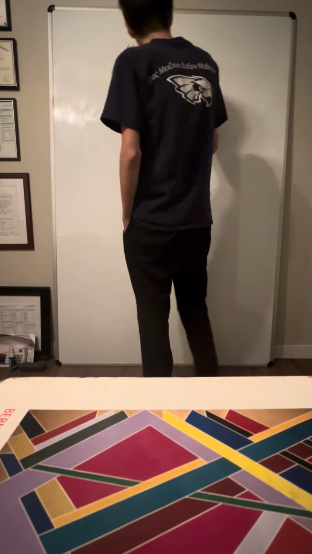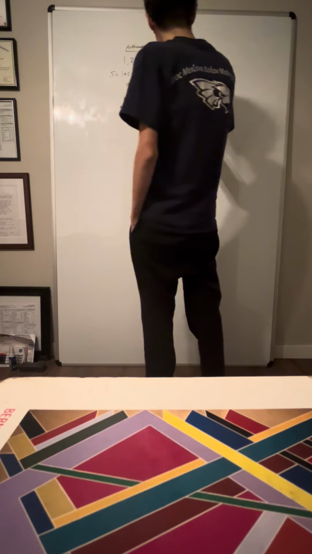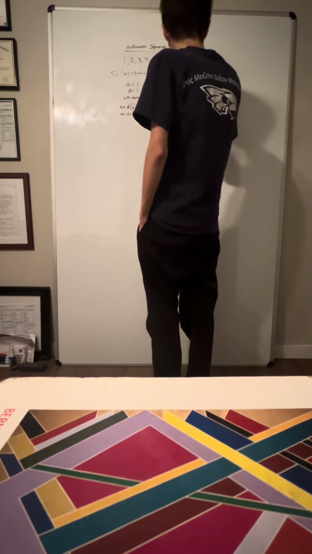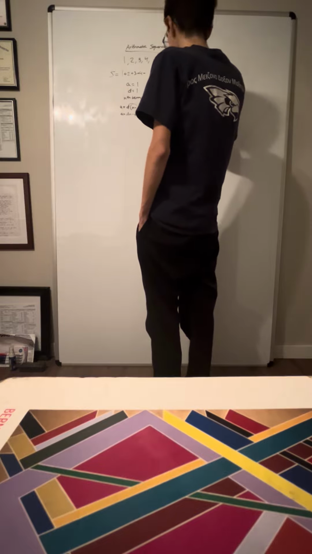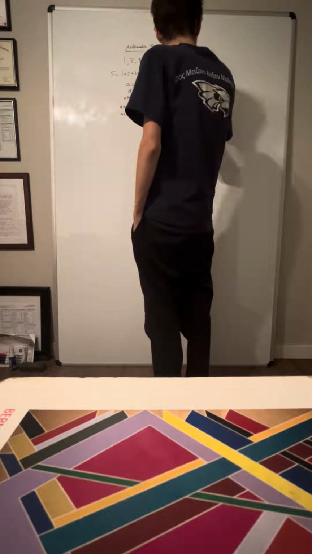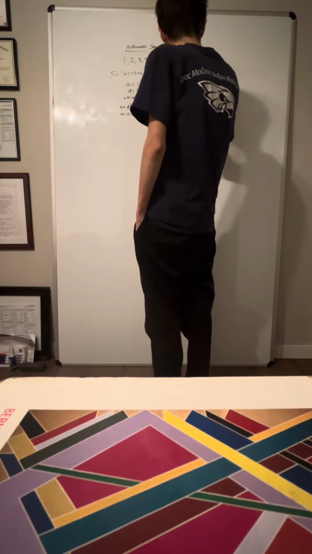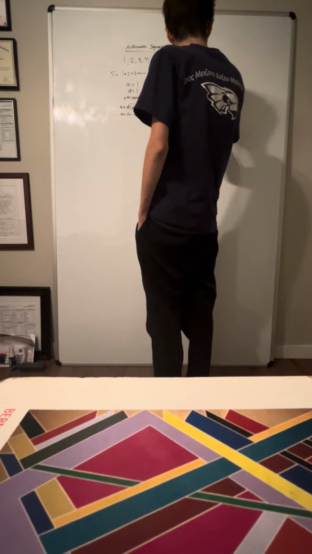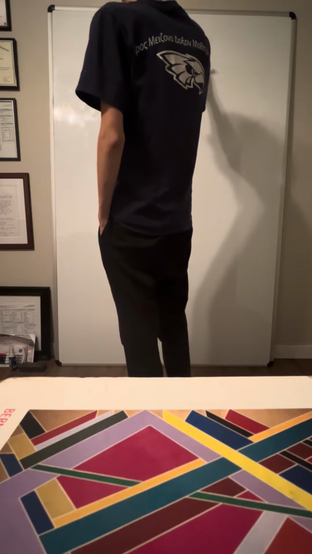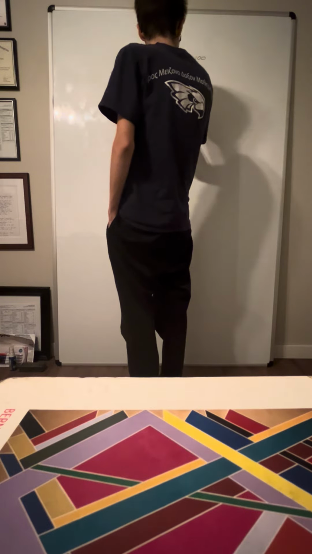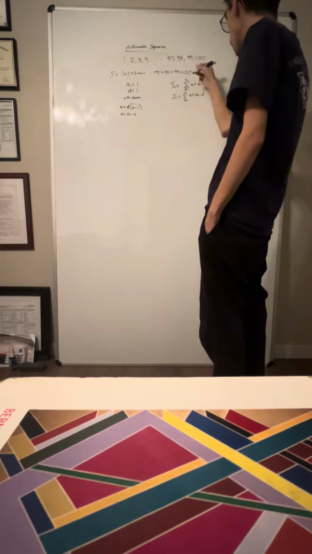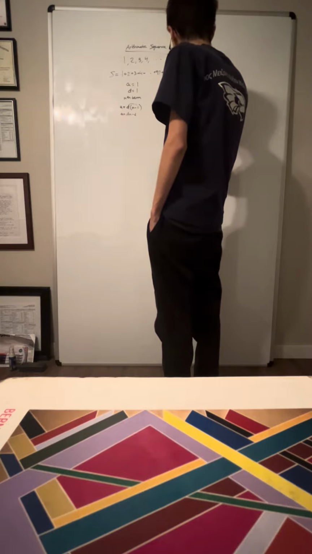Recall from my other video that the summation from x equals 1 to n of A plus D times x minus 1 is the same as the summation from x equals 1 to n of A plus dx minus D. In this case we know what n is, because it's 100, so we can plug that in.